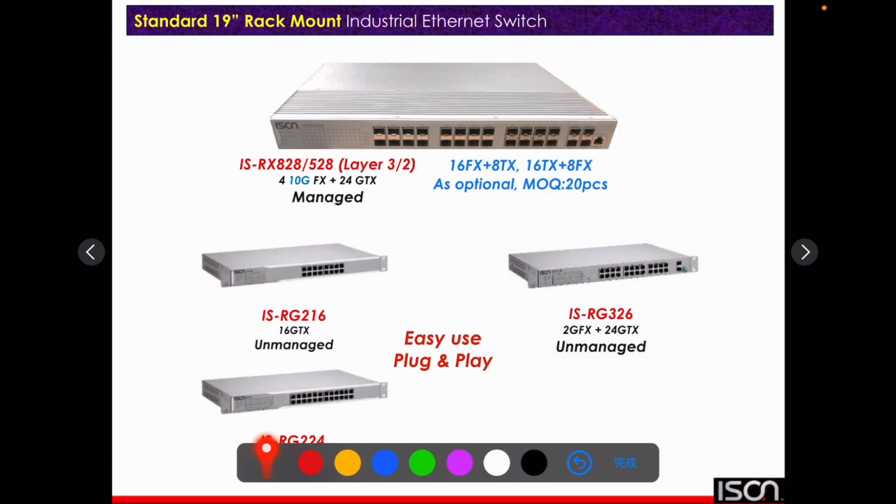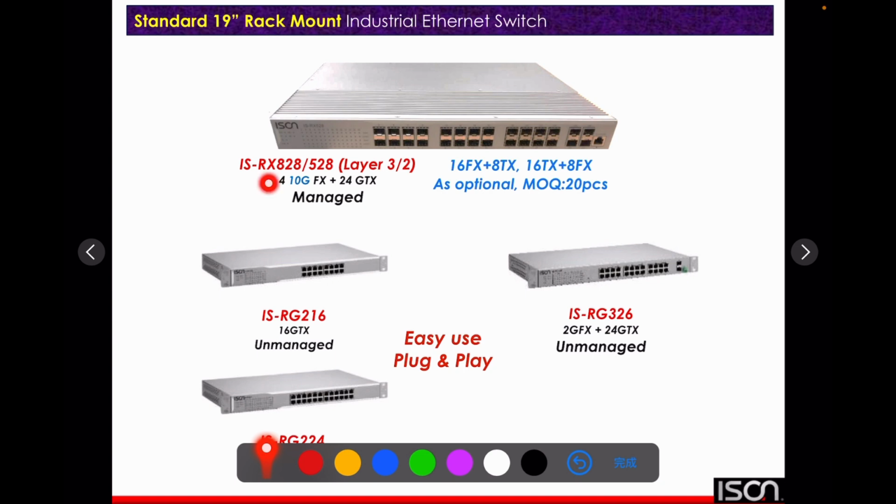And now, the Isen product lines, standard 19-inch rack mount industrial Ethernet switch. We start from the most expensive product in Isen, the IS-RX828 series. Its MSRP is close to USD $6,000. And the IS-RX528 series, they have the same outlook, but 828 is for layer 3 user and 528 is for layer 2 user.